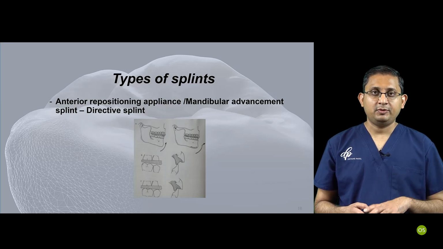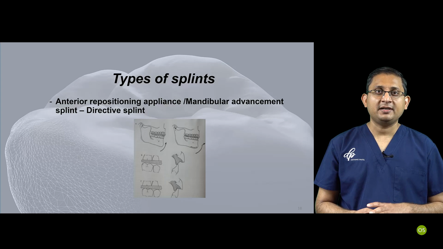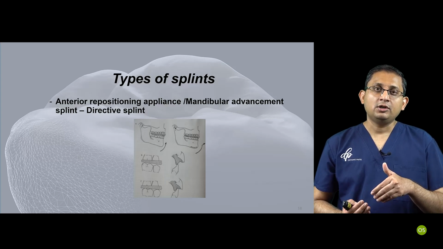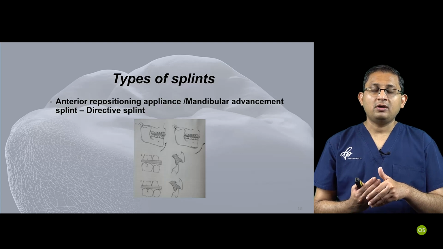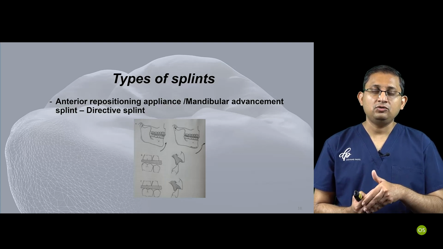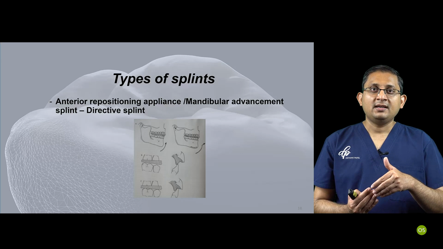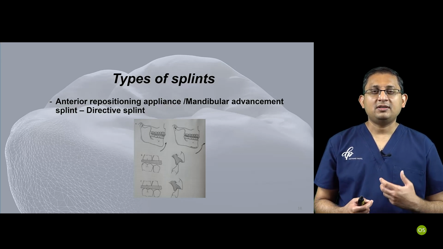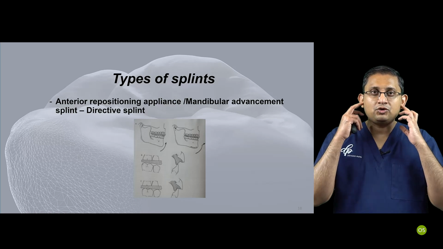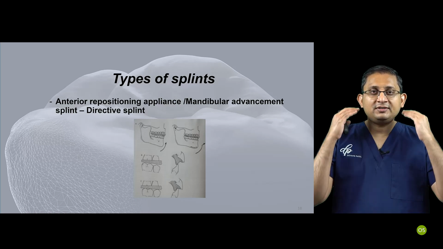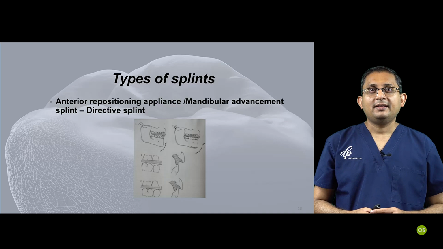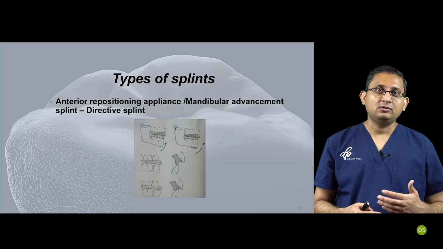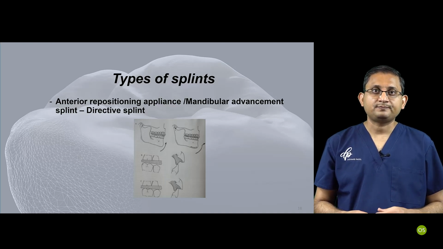However, the anterior repositioning appliance is a directive splint because it directs the mandible to move forward, because the patient cannot close their jaw in the normal position they used to close in ICP. It just moves the mandible forward, which moves the jaw joint forward and reduces the pressure on the jaw joint, and that allows the capsule and the ligament to recover.